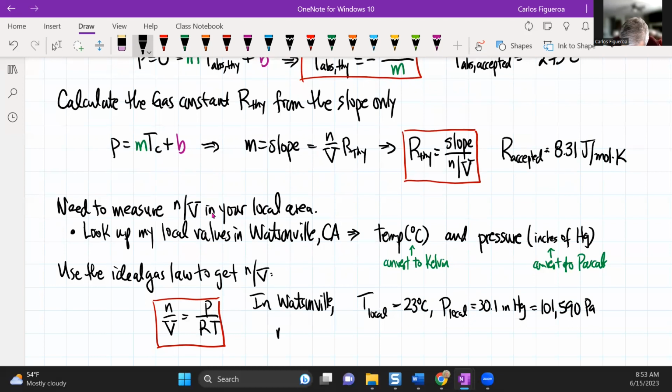So when I calculate my value of N over V, I got 1.45 moles per meter cube.